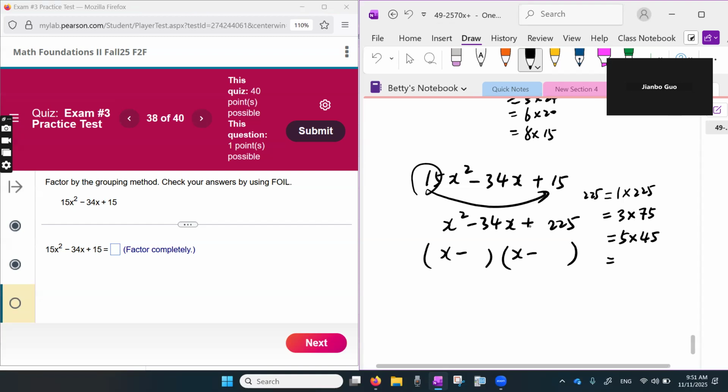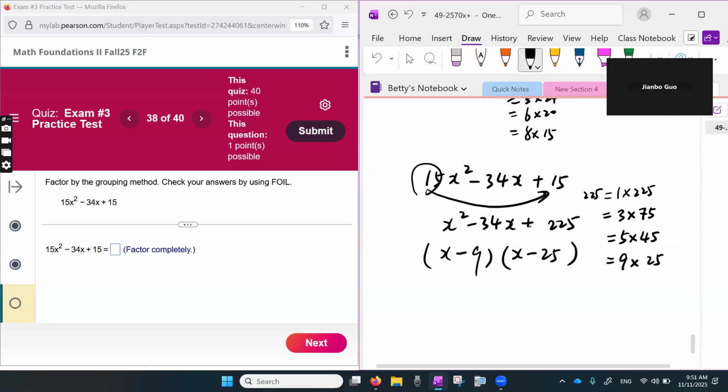All the even numbers don't work because 225 is odd. 7 does not work. 8, 9 gives 25. 25 times 9. Yeah, there we go. Negative 9, negative 25 multiply to positive 225 and add up to negative 34.